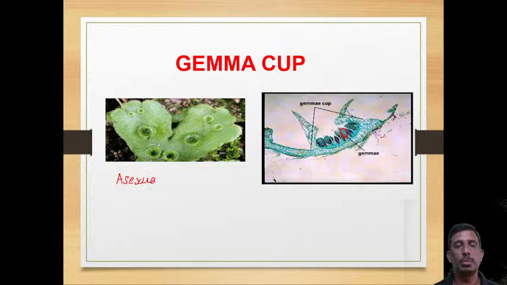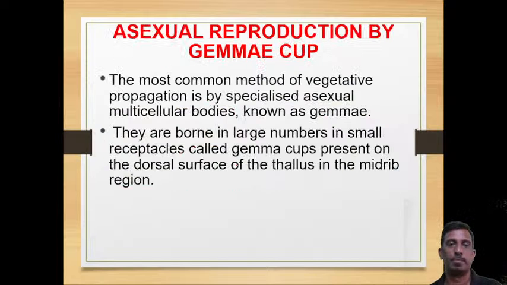So vegetative reproduction is by fragmentation and asexual reproduction by gemmae cup. Okay. So these gemmae are formed in a small receptacle-like structure. This receptacle structure is called gemmae cup, which is present on the dorsal surface of the thallus.